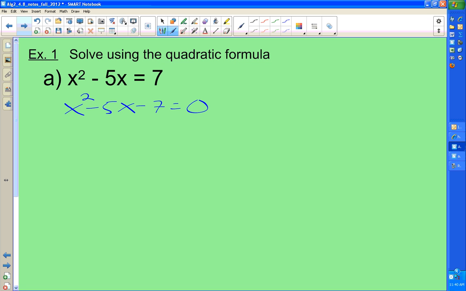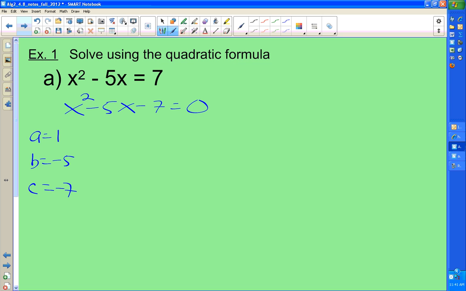Now, could you complete the square here? Of course, but we're better off with quadratic formula in this case because b is an odd number. If you complete the square, you're going to have to do a lot of work with fractions. So a in this case is, right, it's 1. B is -5, and c is -7.